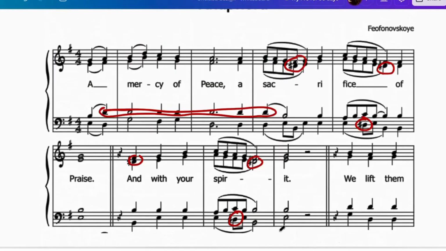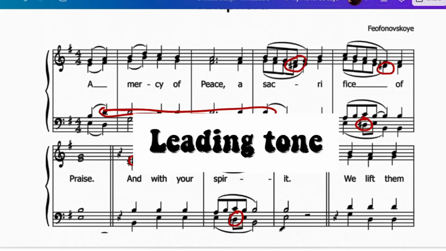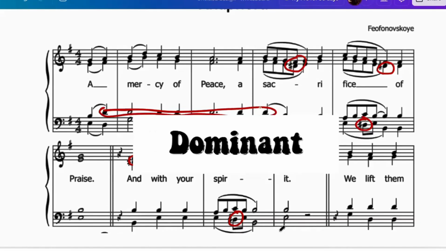So what this D sharp does is it creates what's called a leading tone, which is a note that really wants to resolve upward. It also gives you a dominant chord. We've kind of talked about dominant chords without really using the word dominant.